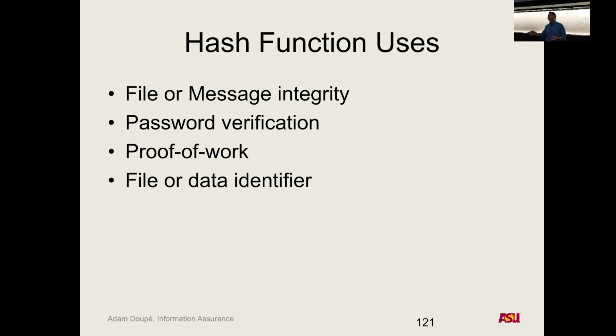The irreversibility of hash functions makes it very hard to figure out the input, right? So using that feature, blockchain adopts hash functions for proof of work to add a new block to the blockchain. And the file data identifier.